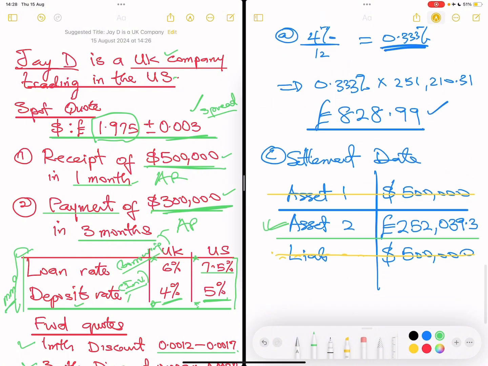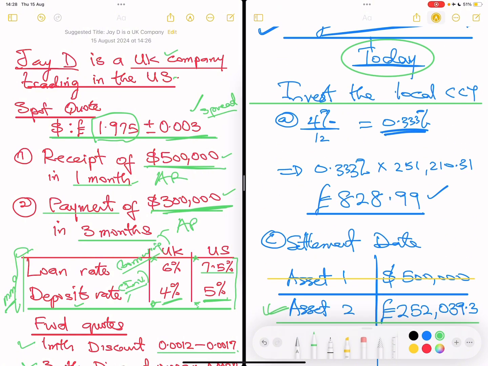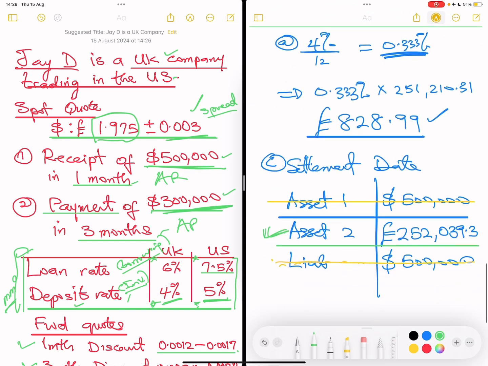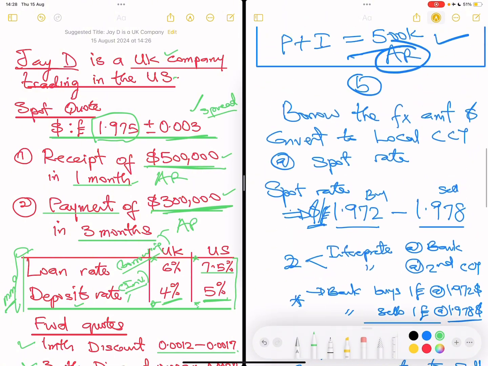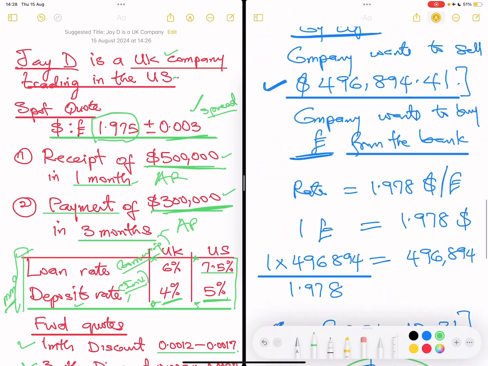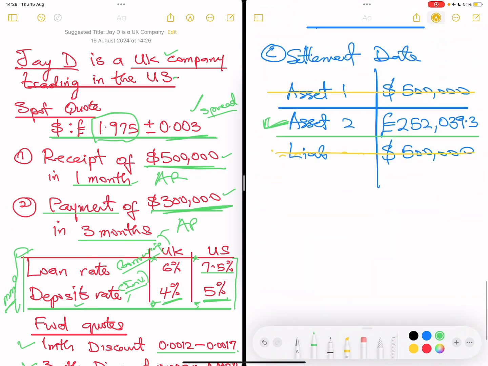So we already know today that in a month's time, we're going to have this asset. Whatever the exchange rate is doing is not our problem. Whether it's going up or going down is not our problem, because we've been able to eliminate our foreign exchange fluctuation risk. I hope that is clear. And I'm going to solve the payment part as well.